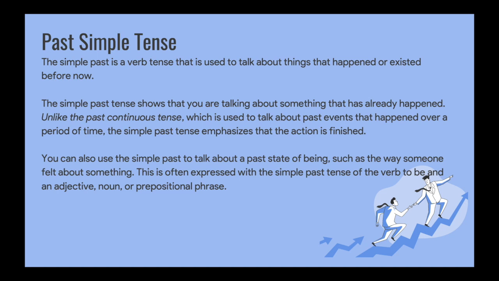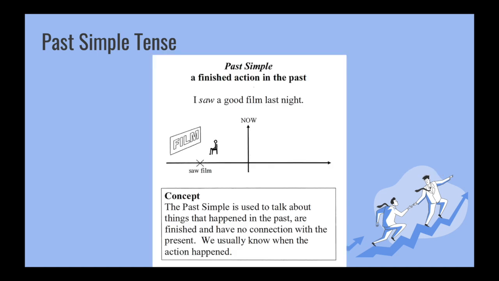And we can talk about a past state of being, such as the way someone felt about something, usually with the simple past of the verb and an adjective, noun, or something else. So a finished action in the past. For example, I saw a good film last night.